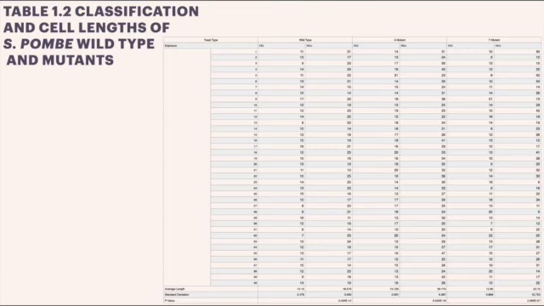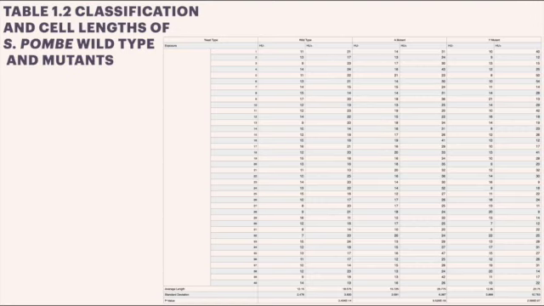And the p-value is 9.525 times 10 to the negative 18. This p-value is also significant, and it also indicates that DNA damage is being detected at the G2 checkpoint.